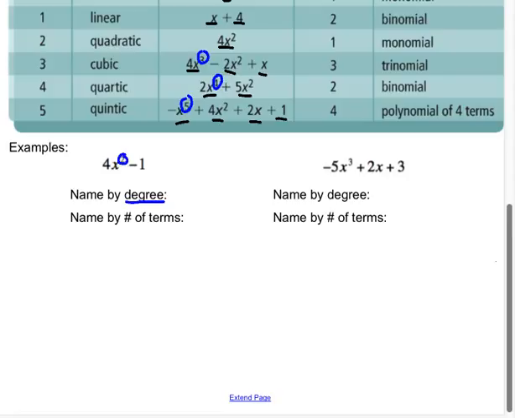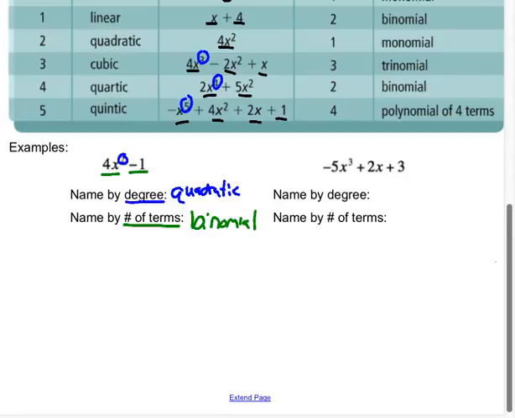Degree 2 is going to be quadratic. Number of terms: 2 terms is going to be a binomial. So this one, quadratic binomial. What about the next one?